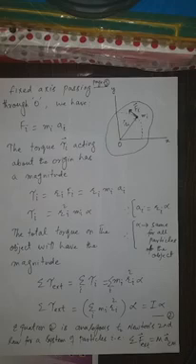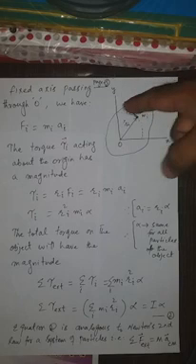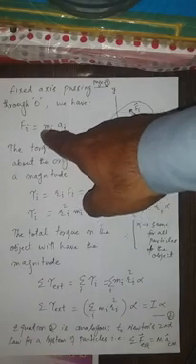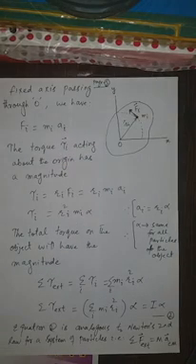Then by Newton's second law, we can say that this tangential force on ith particle will be having magnitude equal to the product of mass of ith particle and the magnitude of tangential acceleration of the ith particle.